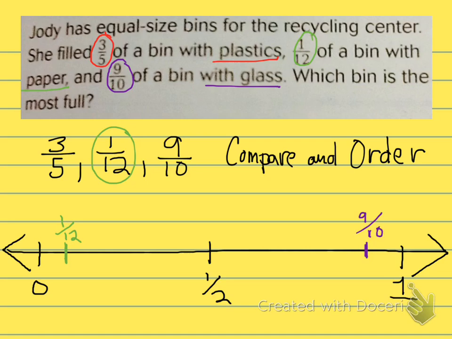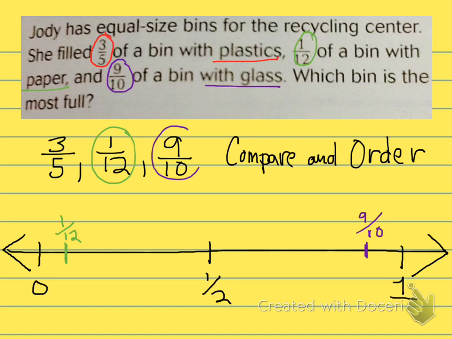Okay, so as you can see, we have 3/5 left. Now I'm going to think about 3/5. I know half of 4 is 2, so half of 5 is more than 2, and 3 is half of 6.